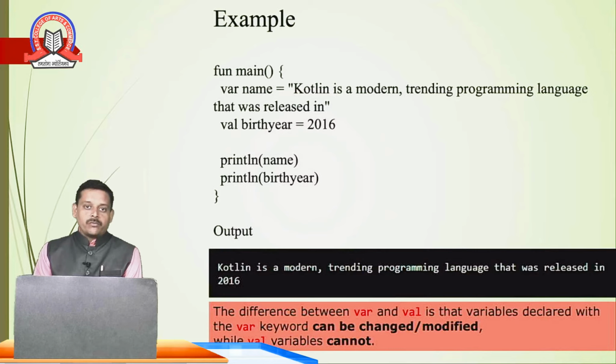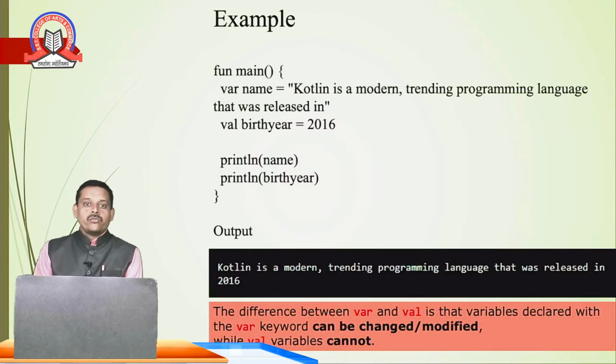The first variable we have created by using var, that is name, and in name we have written a complete statement, like Kotlin is a modern trending programming language that was released in. So this is a complete statement or a string value which we have stored in the name variable.